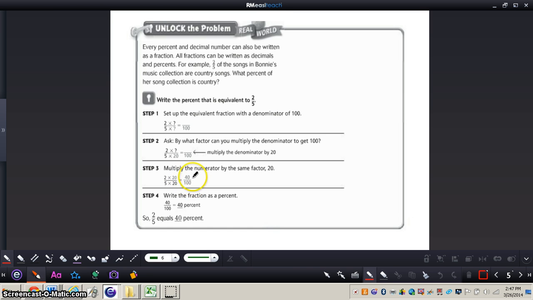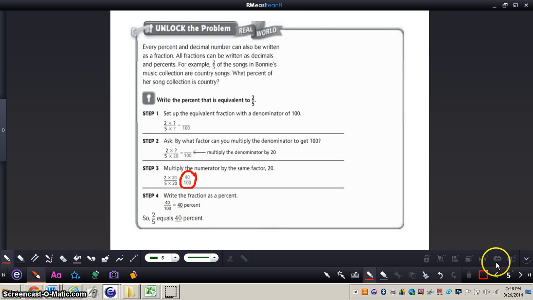Whenever we have a fraction that's over 100, it's very simple to write that fraction as a percent, because we even saw in the previous slide that anything out of 100, the numerator is the percentage. So write the fraction as a percent. 40 over 100 equals 40%. So that means 2/5 equals 40%.